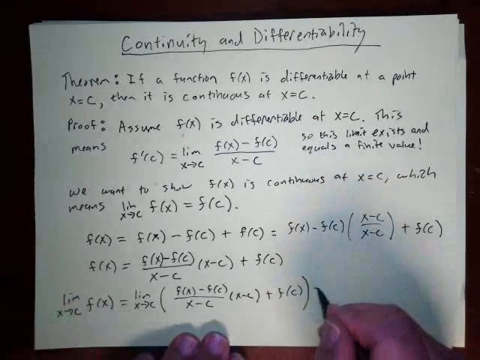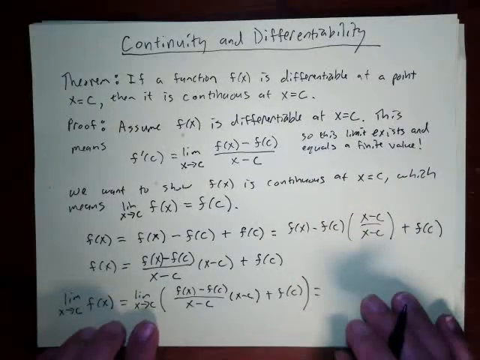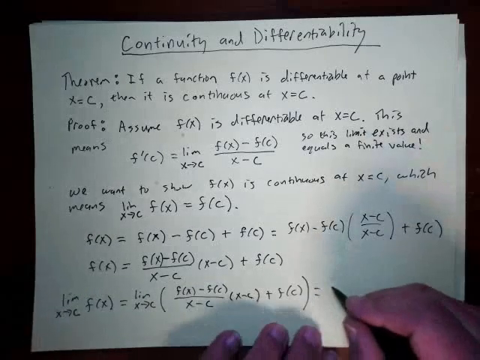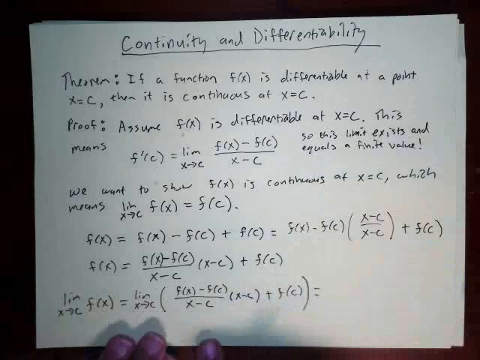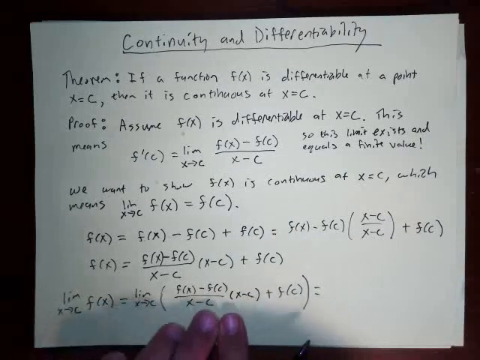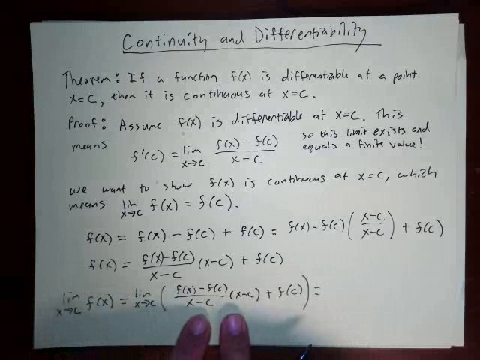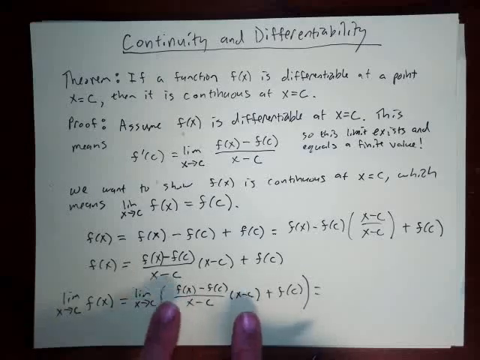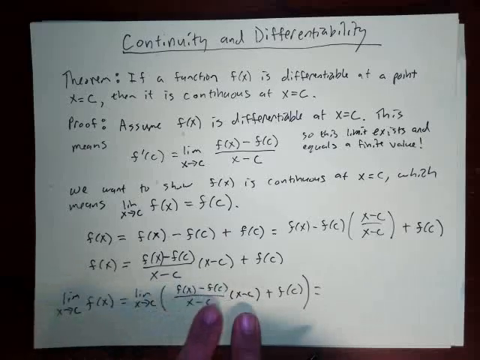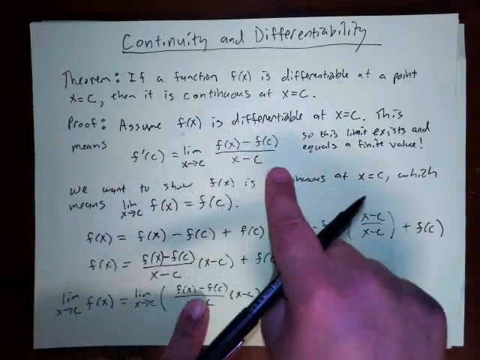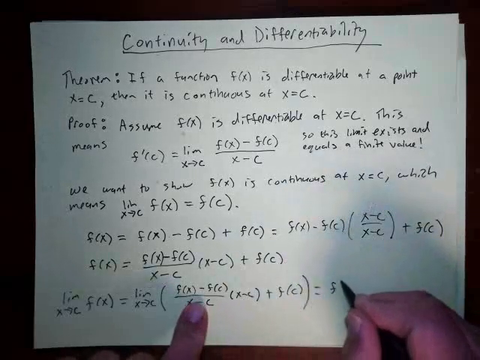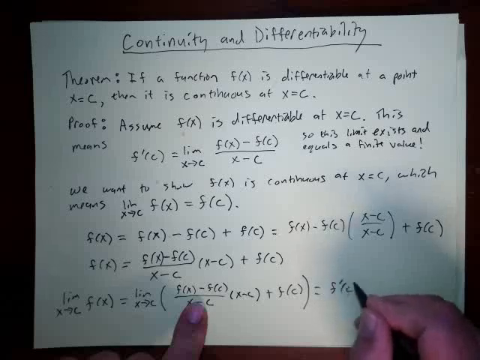Well, let's simplify this. The limit can be distributed over both of those. The limit of a product of two functions is the product of the two limits. The limit of the first factor is just the definition of the derivative, so this would be equal to f prime at c.